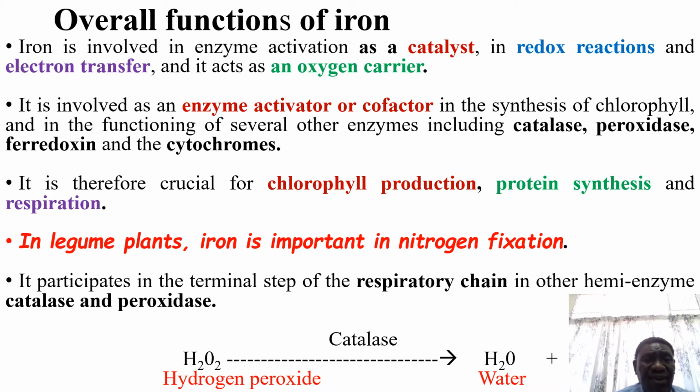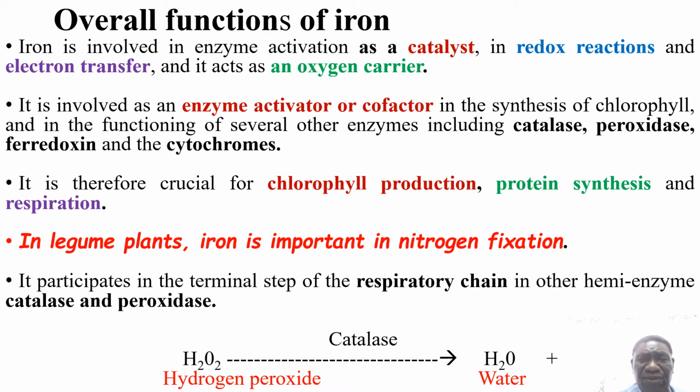It is involved as an enzyme activator or cofactor in the synthesis of chlorophyll and in the functioning of several other enzymes, including catalase, peroxidase, ferredoxin, and the cytochromes. Please note that ferredoxin and the cytochromes contain iron.